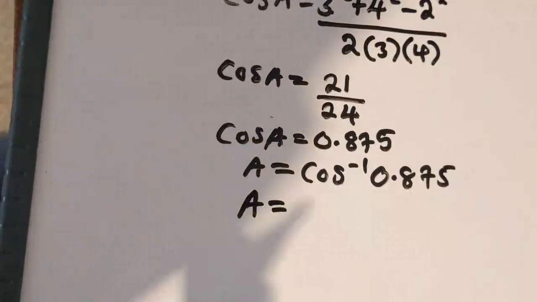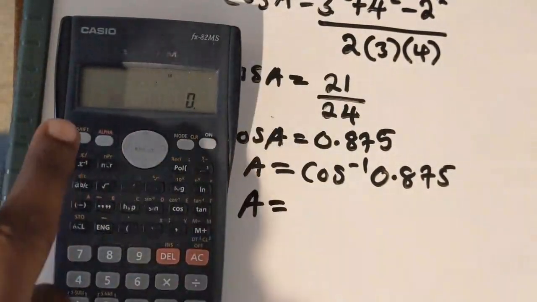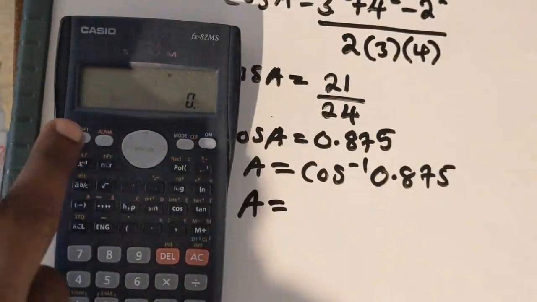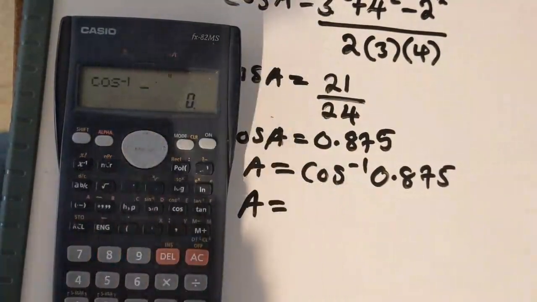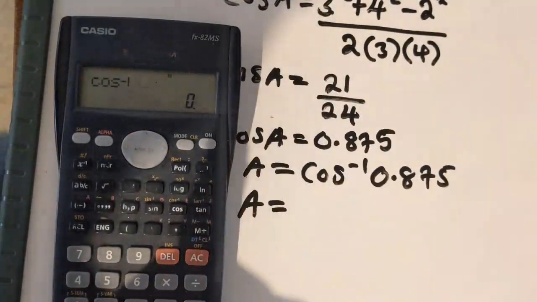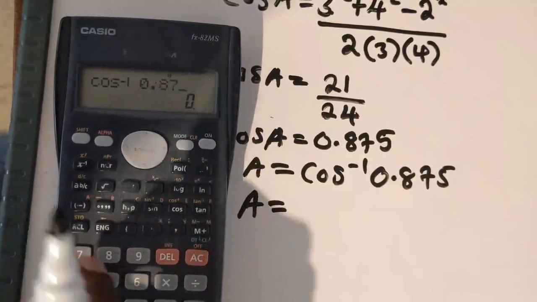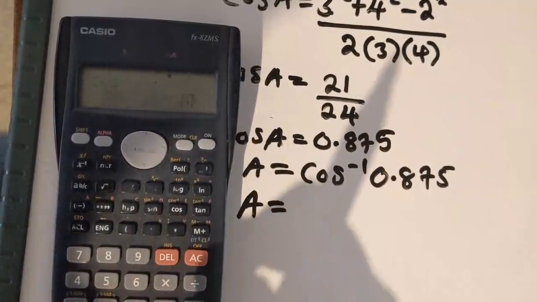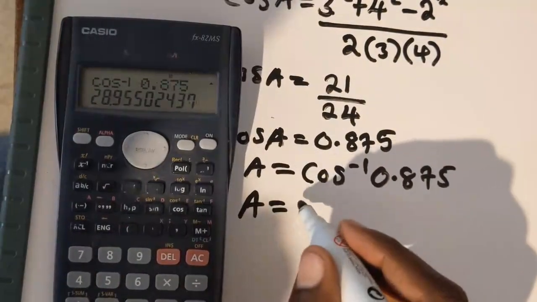So you punch on your calculator: you start with shift, then you go to cos, so that will be cos inverse, then you punch 0.875 equals.